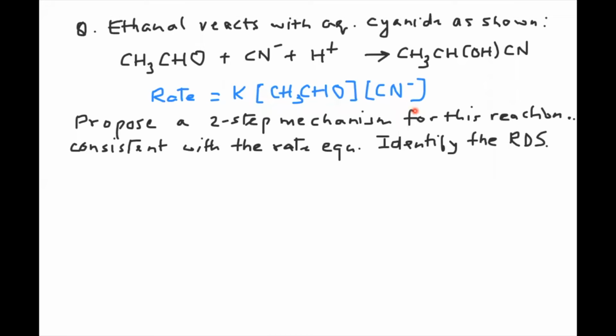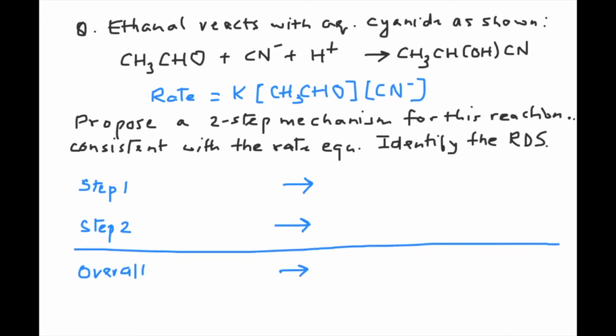Let's look at a different example where ethanol reacts with aqueous cyanide. So again, let's set out step 1, step 2 and the overall equation, and then copy the overall equation from what's given to us in the question.